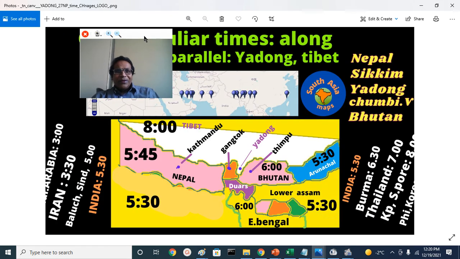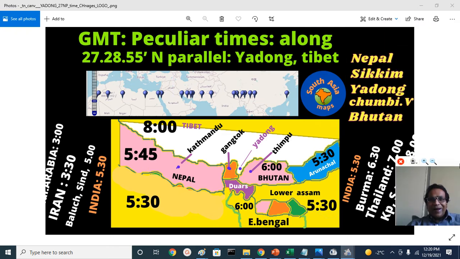So what we have seen is Nepal and Sikkim and Yadong, Chumbi Valley and Bhutan. GMT and peculiar time zones along 27 degrees 28 minutes 55 seconds, the degrees, minutes and seconds, northern parallel. This is the northern parallel, north of the equator, as we move from Morocco to almost Japan.